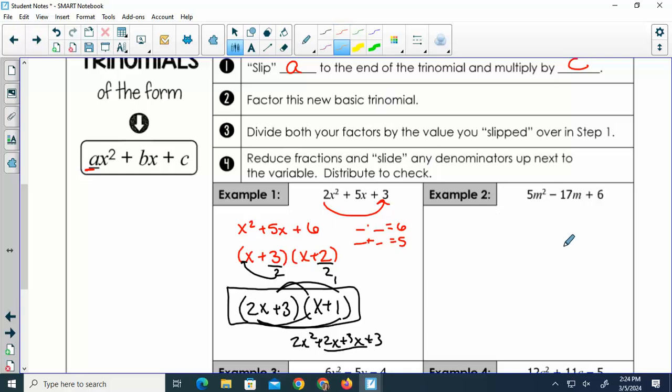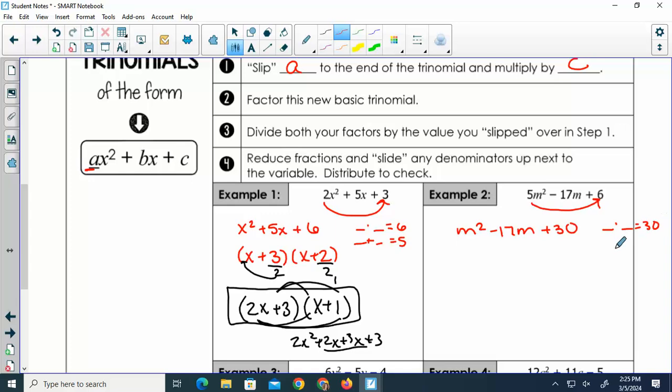First, this method will not work if you have a greatest common factor. So you need to check if you have a greatest common factor first. Do we have anything we can take out? No. So first we are going to slip this 5 to the end. So we have an m squared minus 17m, and what does this become? So now it's like problems we were doing for a warm-up.